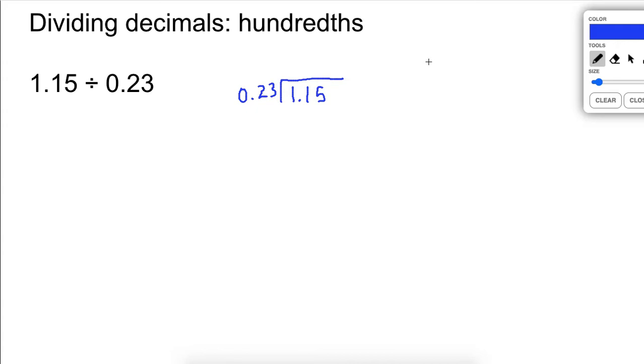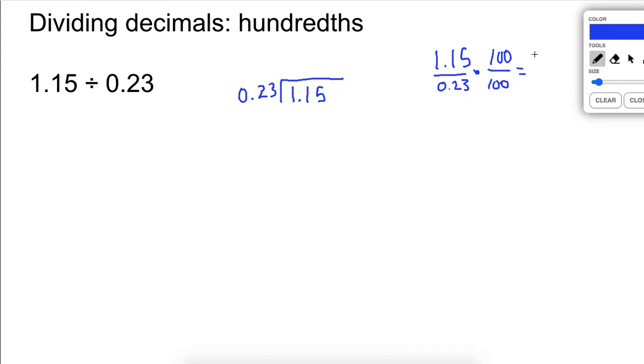If we think about this as a fraction, because we talked about how we can write all division problems as a fraction, we can multiply this by 100 over 100. If we multiply by 100, it just moves the decimals.